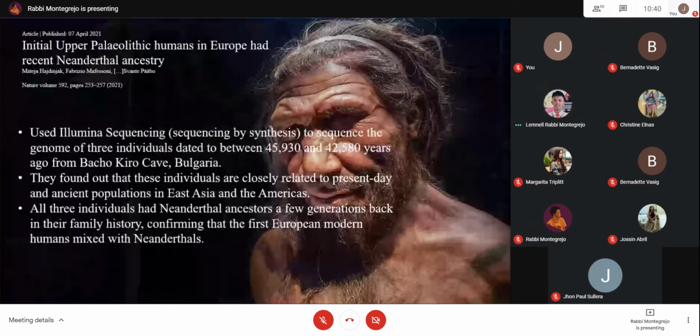So this study adds evidence that indeed there was interbreeding between the two, since these individuals were related to modern day East Asians and Americans and had Neanderthal ancestors a few generations back, suggesting that Neanderthal DNA resides in modern day humans. And it was all possible because of Illumina sequencing or the sequencing by synthesis method.